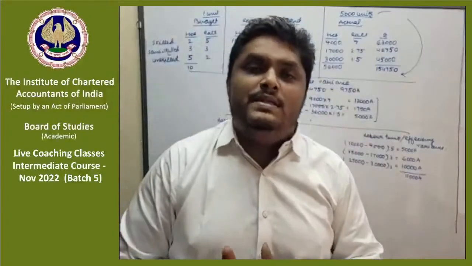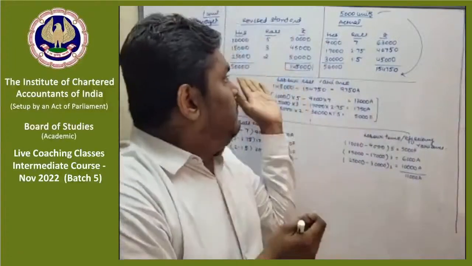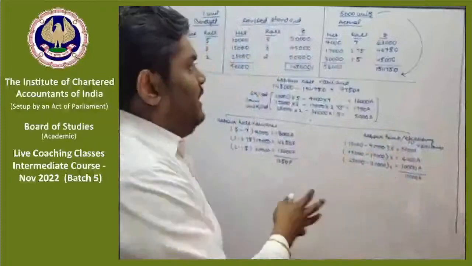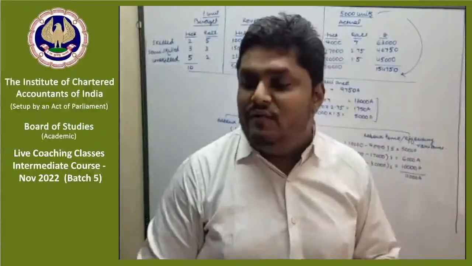So again, the concept is the same as we discussed in material usage variance. It was usage of material. Here, we are paying for the time. So it is labor time, or we call it efficiency variance.